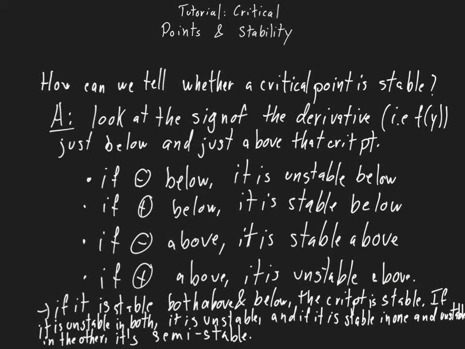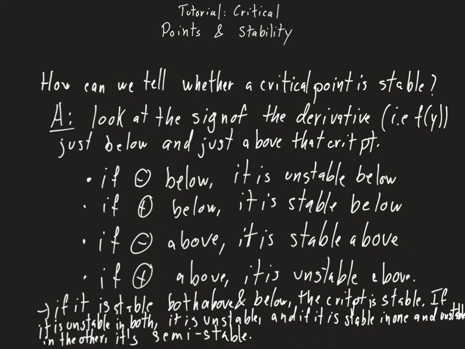Then to determine the stability, you look at f(y) and you check its sign, whether it's positive or negative, both just above and just below that critical point. If it's negative below, that means it's going down below, which means it's moving away. So it's unstable below. If it's positive below, that means it's coming up and approaching, meaning it's stable below.